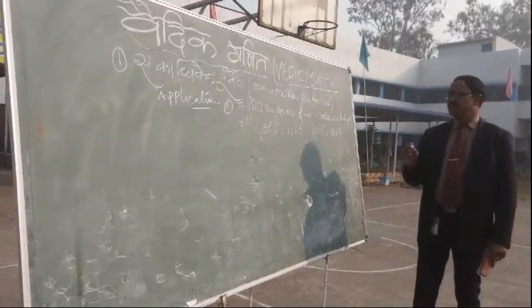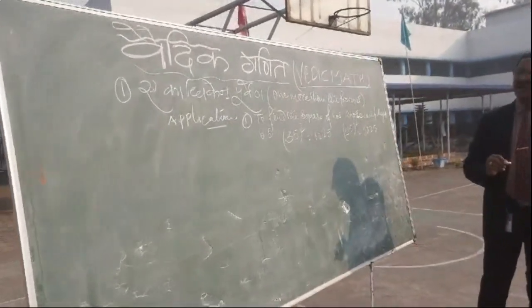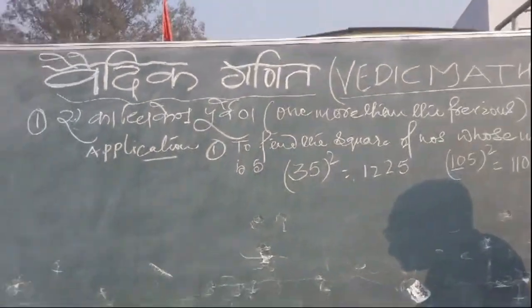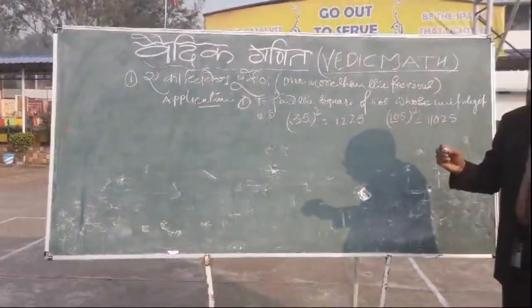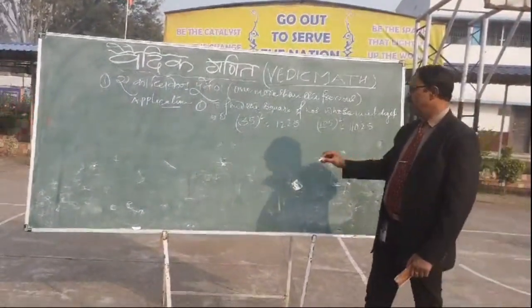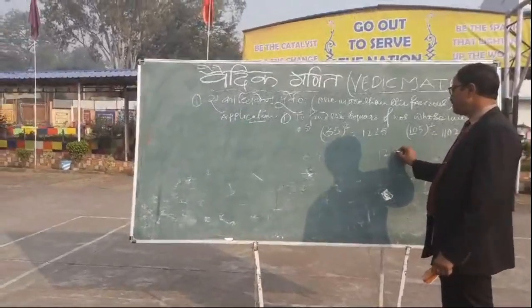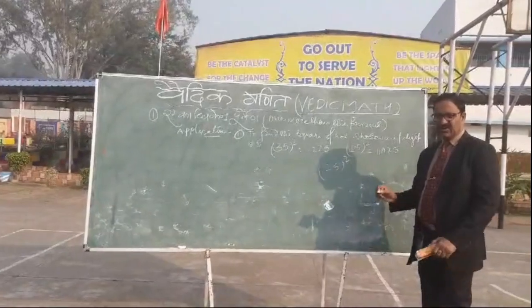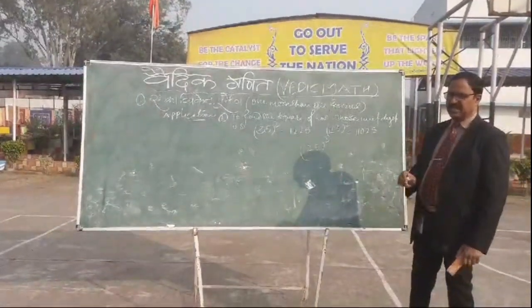So you remember this formula. Whenever you have the opportunity to find the square of a number whose unit digit is 5, you apply this method and find the calculation very easily. Suppose you are to find the square of 125. This is a large number. It will take too much time in general maths.